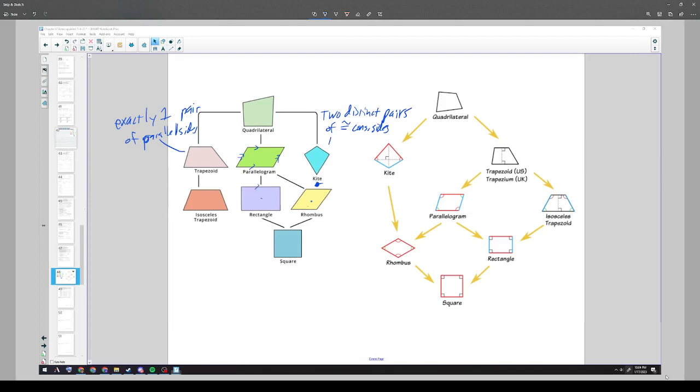They also have two pairs of parallel sides. They also have some other properties besides that, but all of the properties from a parallelogram get passed down to the children shapes. So what we end up with is the properties of kites get passed down to a rhombus, and the properties of trapezoids get passed into these other shapes as well.